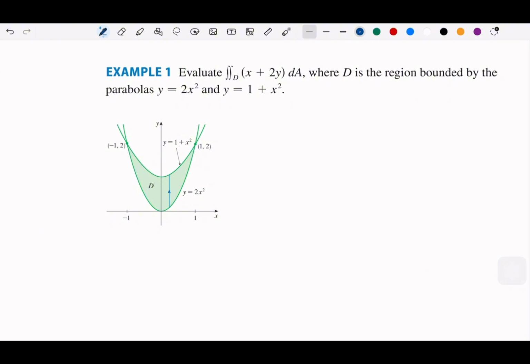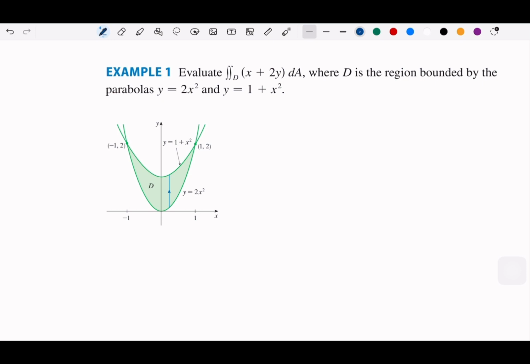I'm giving you the picture directly here, but sometimes the question doesn't give you any visuals, so you need to decide the functions and draw them by yourself. If you are having problems drawing the area, then it will be very difficult.